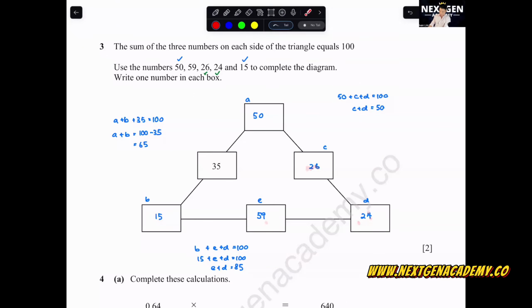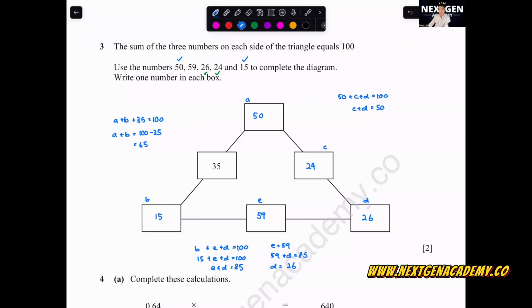We need to flip them because 59 plus 24 will be equal to 85. One of it is 59 already, so we know that E is 59. Therefore, you can write 59 plus D equals 85. D equals 26. So we have to switch both of these. Then 26, this one 24.